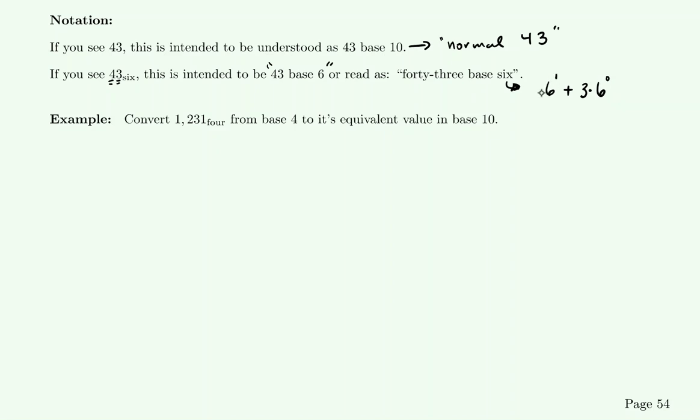So now we've got 6 to the 1, and we've got 4 of those. This is the same as 4 times 6 plus 3 times 1. 4 times 6 is 24, plus 3. So this would be 27 in base 10. So 43 base 6 is equal to 27 in base 10.